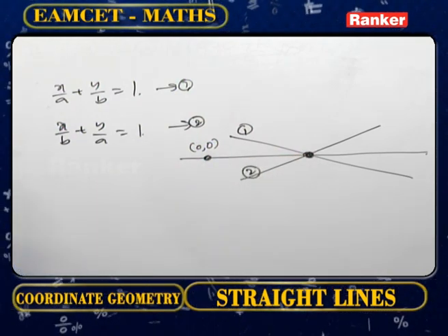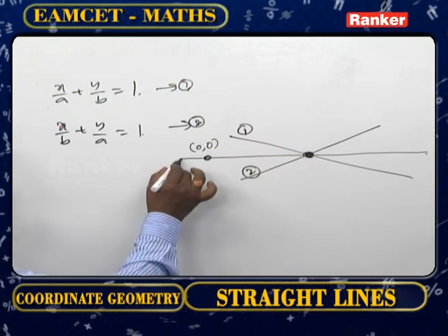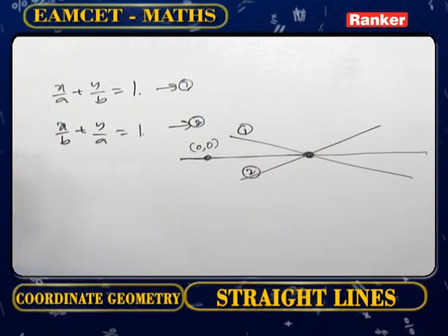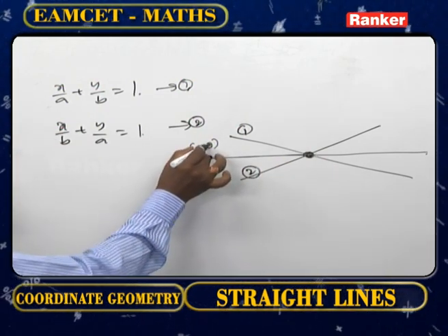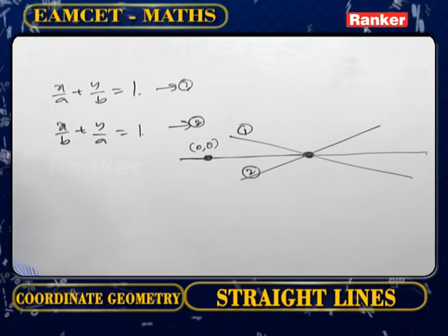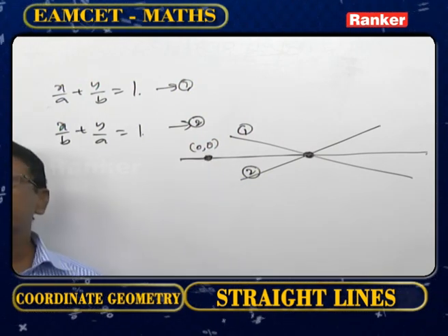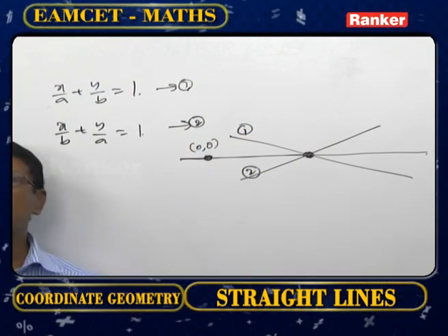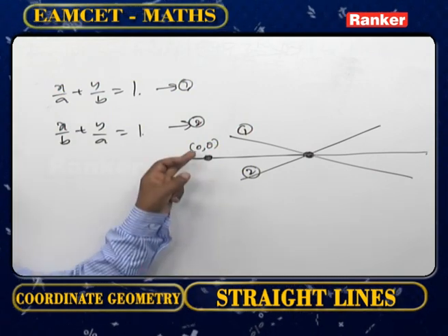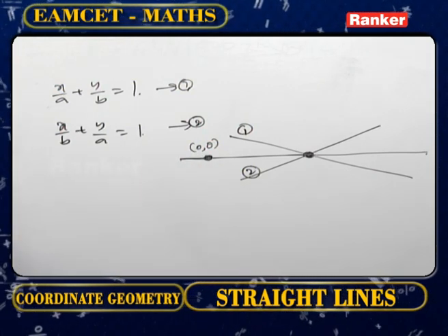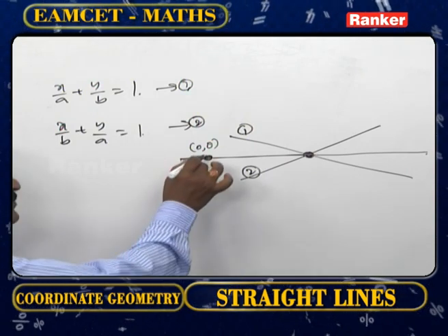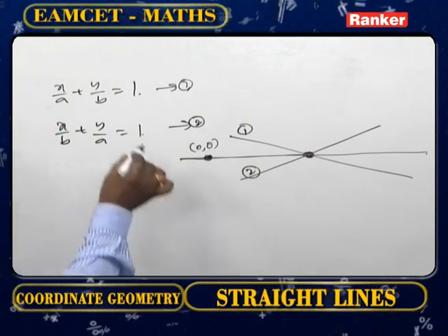That is a very lengthy process. Now, the required line passes through (0, 0). If a straight line passes through the origin, then the constant term in the equation of the required line is 0.